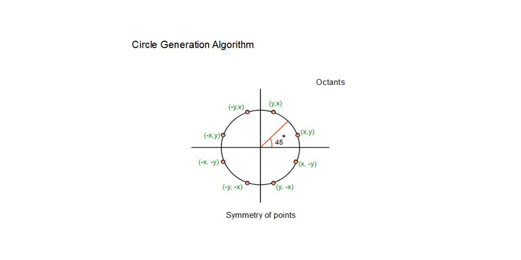And here we had (y, x), here we have (y, -x). Do not confuse the name y with the y coordinate and x with the x coordinate. Always remember, whatever has been written first, that is the x coordinate. Whatever has been written second, that is the y coordinate.